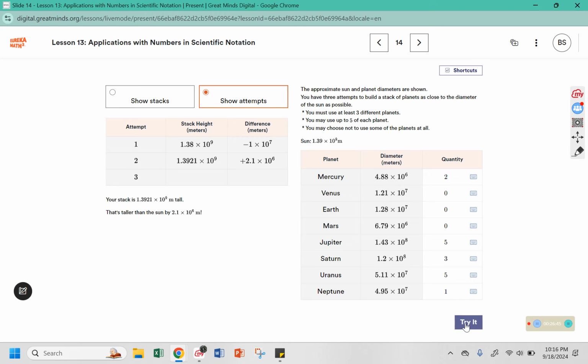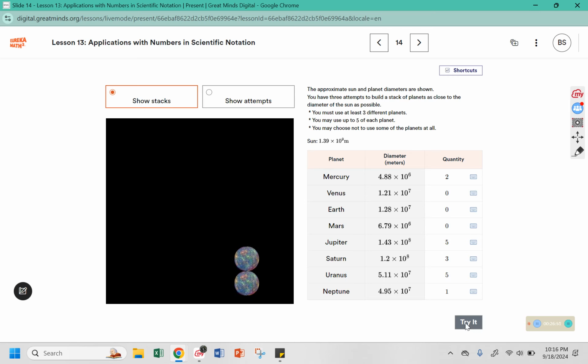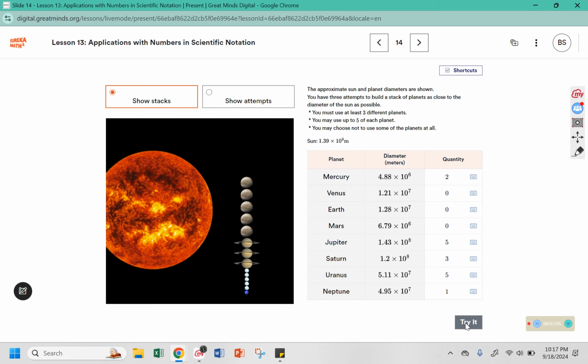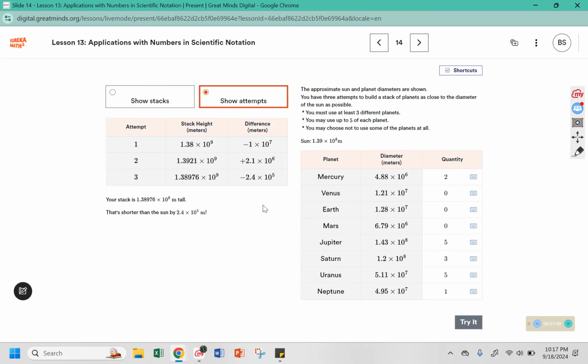So let's try this. So we got it down to 2.4 times 10 to the 5th. So we are a little bit short of the sun, but much better than our first attempt, because 10 to the 5th is smaller than 10 to the 7th.